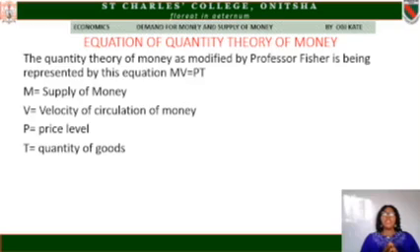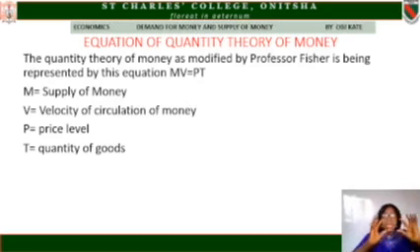Equation of quantity theory of money. The quantity theory of money, as modified by Professor Fisher, is represented by this equation: MV equals PT, meaning M stands for supply of money, V stands for velocity of circulation of money, P stands for price level, while T stands for quantity of goods.